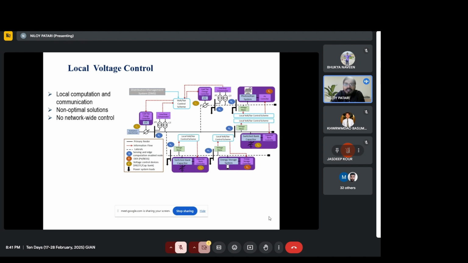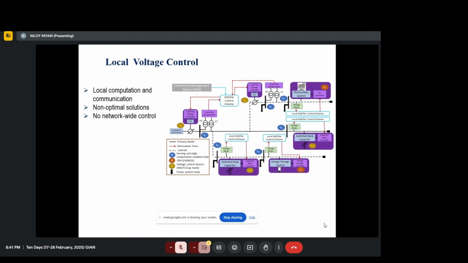If you take this kind of rule-based approach, then you don't know what the impact of the capacitor is throughout the feeder, or maybe at the next node. Maybe the next node was already at 1.05, and then suddenly you switched on the capacitor depending on your own rule. Once you switch on the capacitor, that neighboring node which was at 1.05 per unit can easily shoot up to 1.06 or 1.055 or whatever.